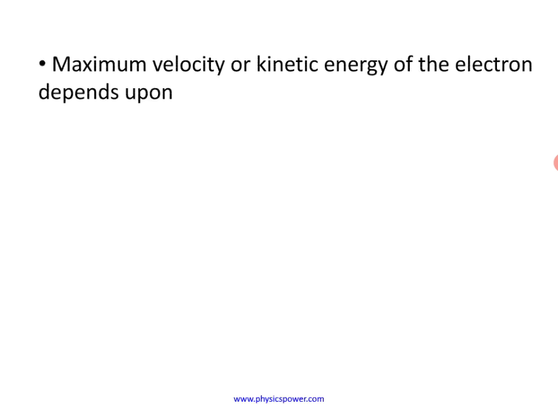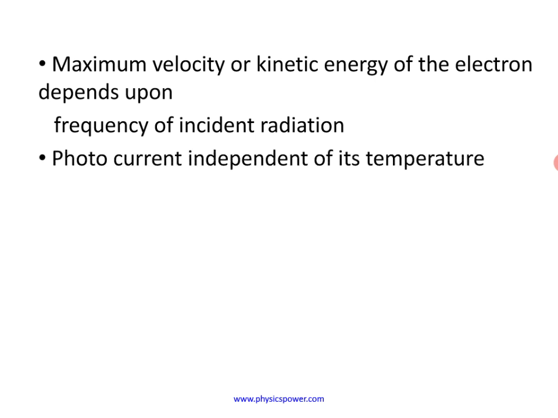Next point: the maximum velocity or kinetic energy of the electron depends upon the frequency of incident radiation. To give velocity or kinetic energy to the electron, the energy of the photon should be high, and energy means frequency.